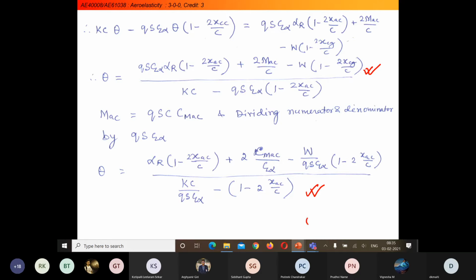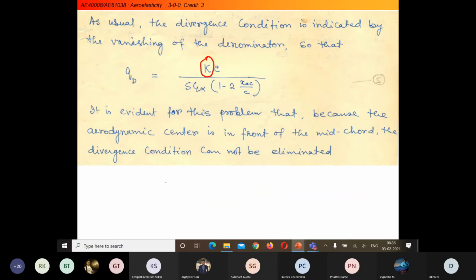So this equation I can write as theta equal to alpha r 1 minus 2 XAC by C. If I take this as 0 and neglect the effect of weight, because these are all constant values, then we will get Q critical by Q minus 1 minus 2 into XAC by C. In the same way, we can express this equation, and finally we get theta by Q equal to theta by QD plus constant.